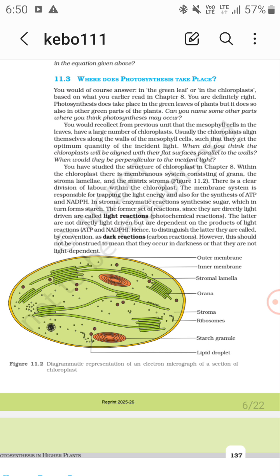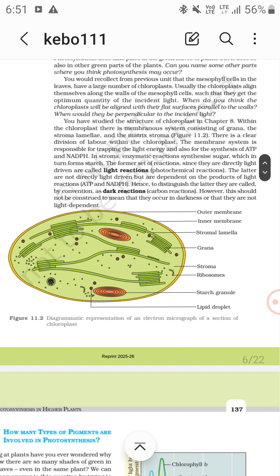The former set of reactions, since they are directly light driven, are called light reactions, that is, photochemical reactions. The latter are not directly light driven but are dependent on the products of light reactions, that is ATP and NADPH. So these are the dark reactions, that is, carbon reactions.